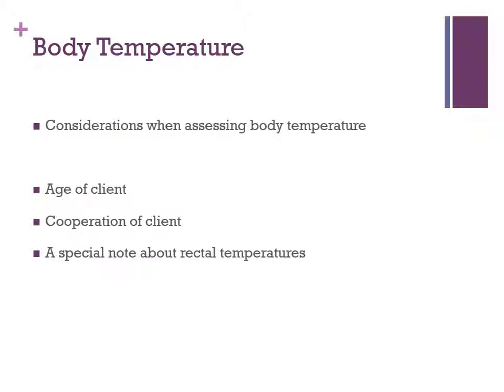But we have found that rectal temperatures are dangerous for persons with heart disease. The thermometer can stimulate the vagus nerve in the rectum, and this nerve also affects the heart. So you could stimulate the vagus nerve, which in turn can slow the heart rate to dangerously low levels. So be very careful about rectal temperatures.